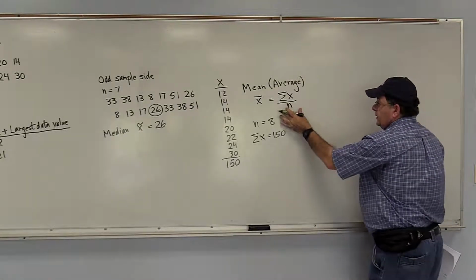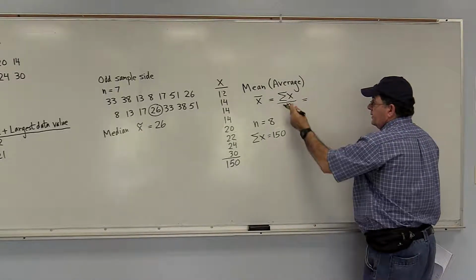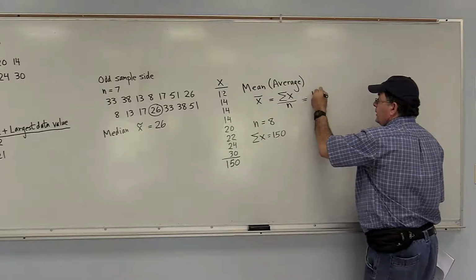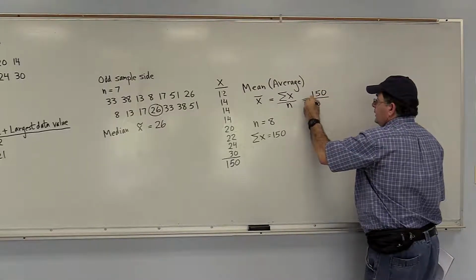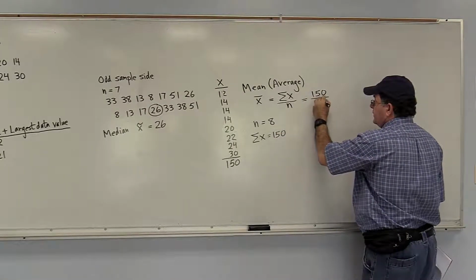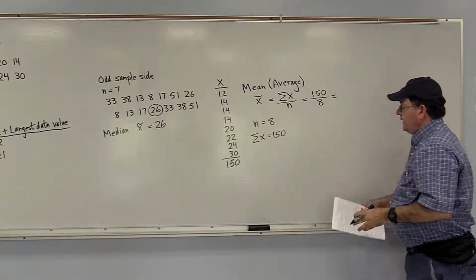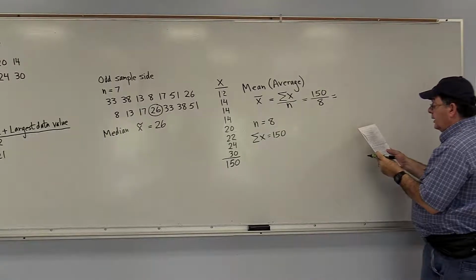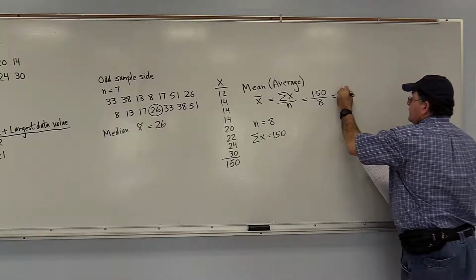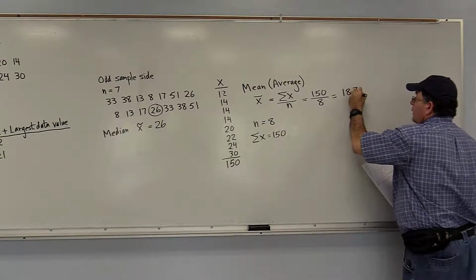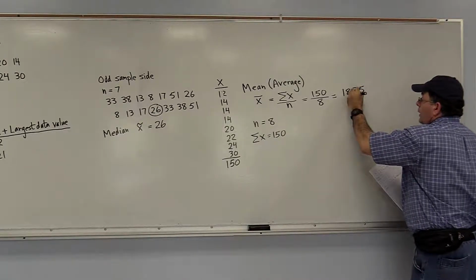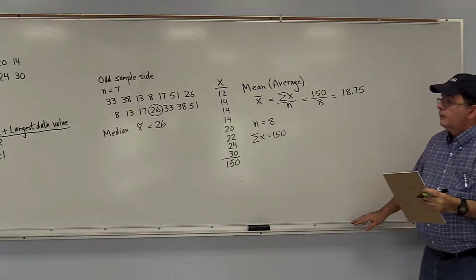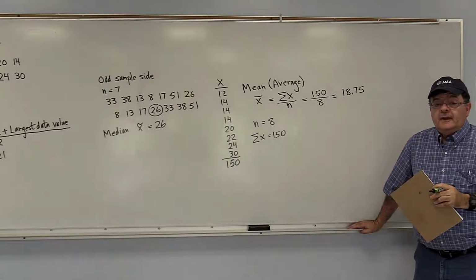So the average of the data is summation of x, 150, divided by n, 8. And this gives us an exact average of 18.75. That's all, folks.